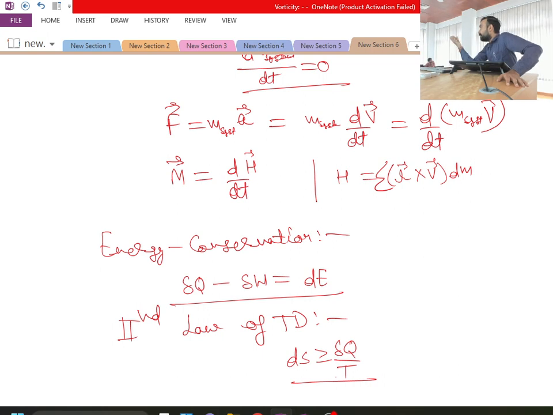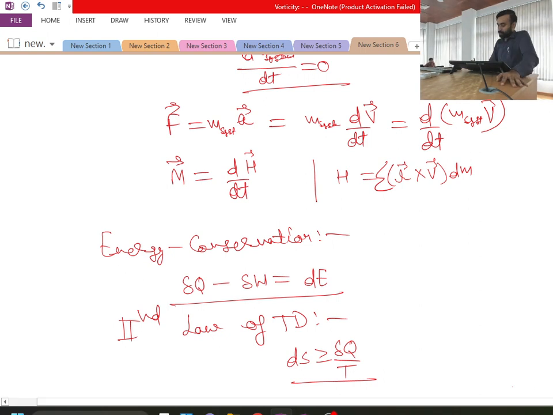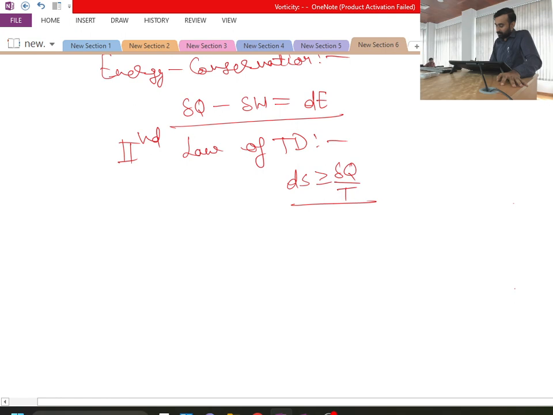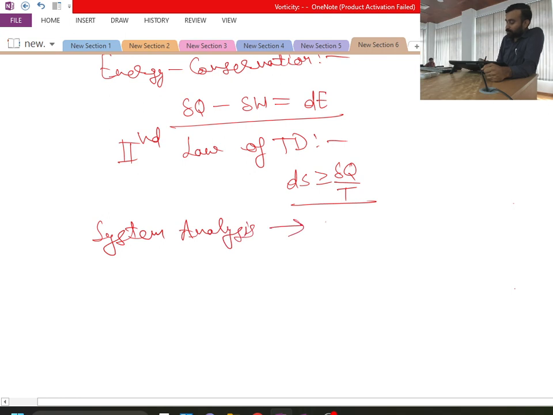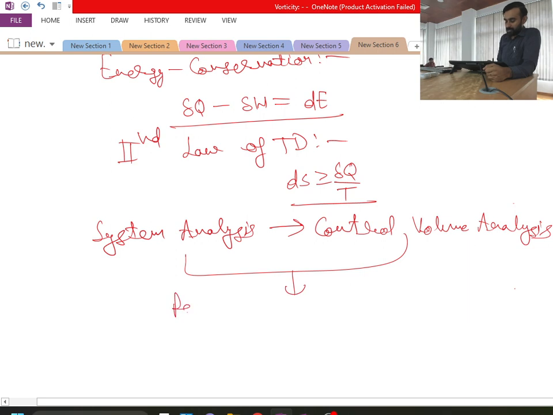So we have to devise something which can convert these governing laws from the system approach to the control volume approach. The theorem which converts system analysis to control volume analysis is called the Reynolds transport theorem.